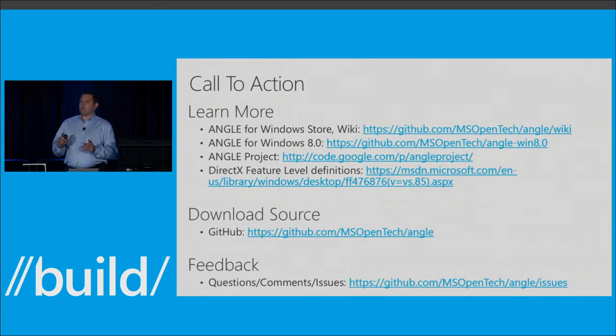It's an older branch that has deviated from the current state, so if you really need it, there it is. Link to the core ANGLE project itself, and we talked about feature levels. There's a definition there. To get started on ANGLE, I showed you the GitHub site, the homepage. There's a download link in the bottom corner. You can download the source as a zip, find the solution file for ANGLE, build it, and you're off and running.